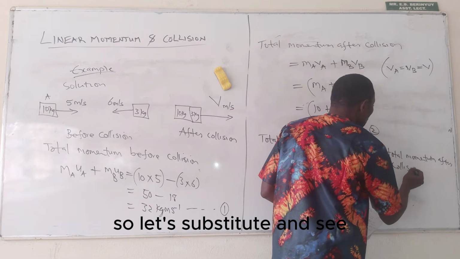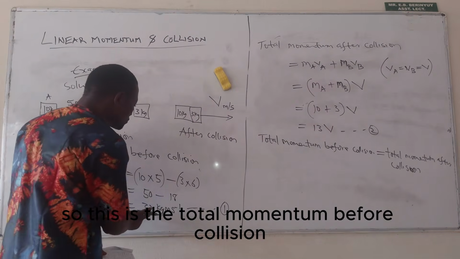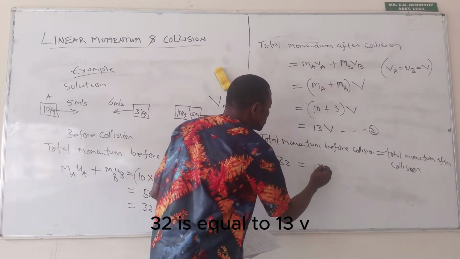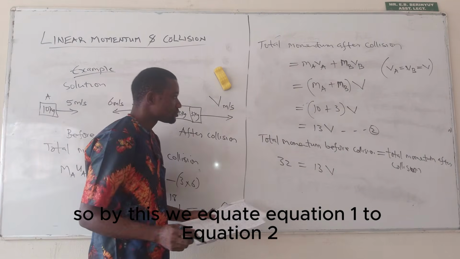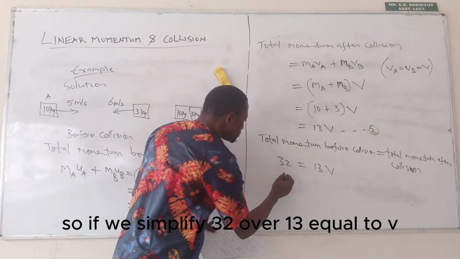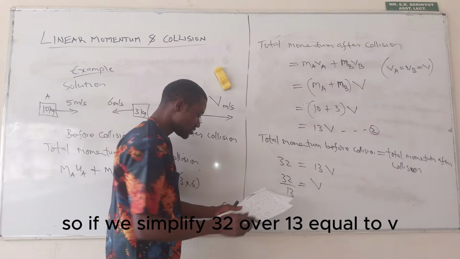So let's substitute and see. This is the total momentum before collision, 32 is equal to 13V. So by this, we equate equation 1 to equation 2. So if we simplify, 32 over 13 equal to V.